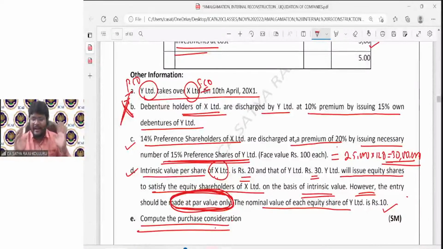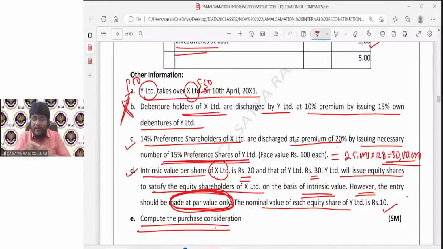Now you are on the right track, guys. Out of this net payments method, the amount payable to preference shareholders is directly given. But to know the amount payable to equity shareholders, I need to apply another method, which is the intrinsic value method. That is the thing I told you while discussing the theory. In PC calculation, there may be a chance of asking multiple methods in a single problem.